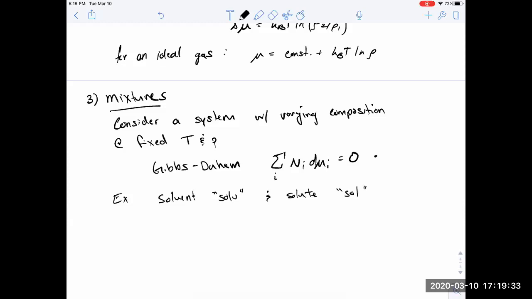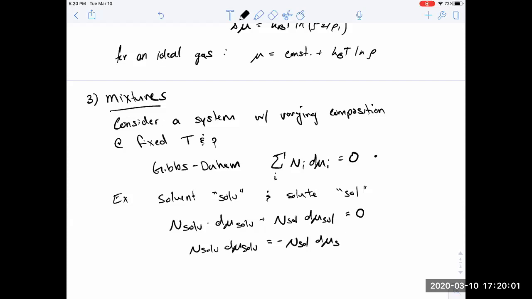From this expression, it means that the number of solvent molecules times their change in chemical potential plus the number of solute particles times their change in chemical potential must be equal to 0, or rearranging, N_solv d mu_solv must be equal to minus N_sol d mu_sol. Namely, the changes in the chemical potentials between the solvent and solute are related.